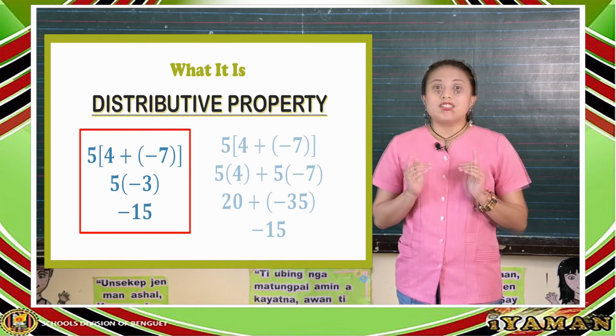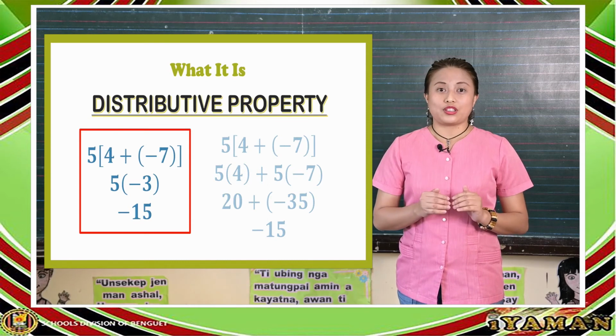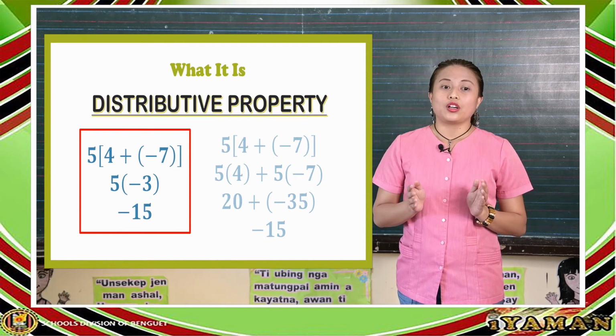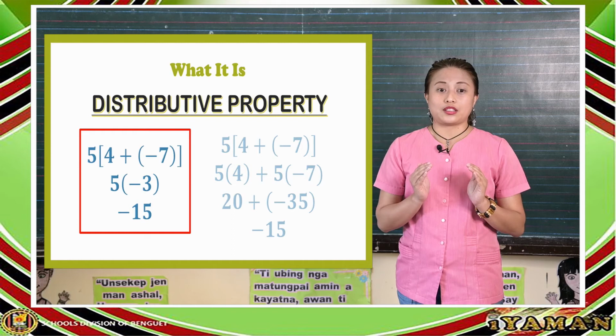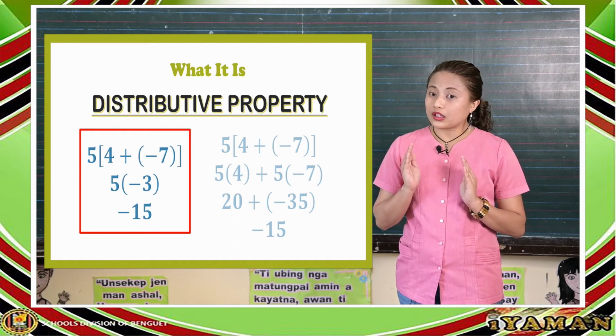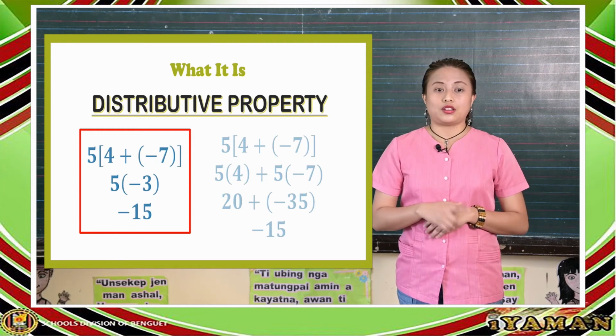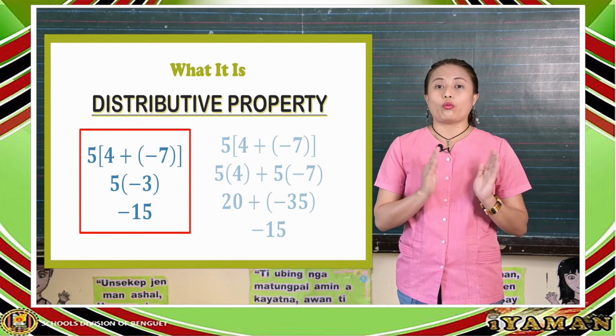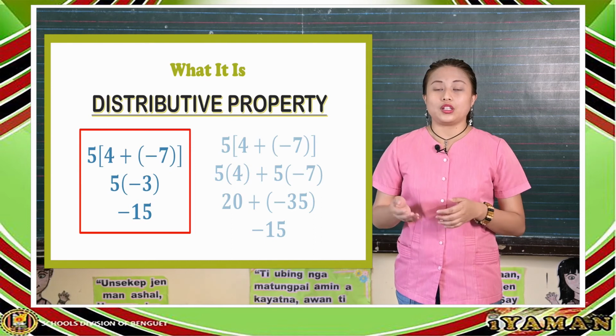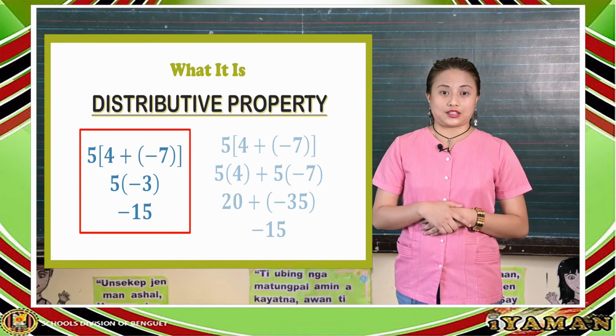Then the second step to this solution, after getting the answer to the operation inside the parentheses, we are going to multiply that answer to the number outside of the parentheses. In this case, 5. So 5 times negative 3 is equal to negative 15.